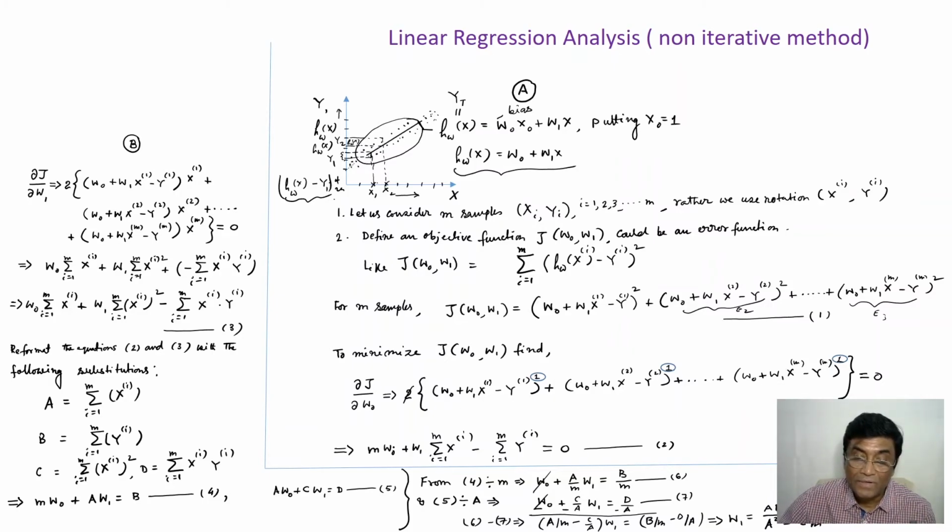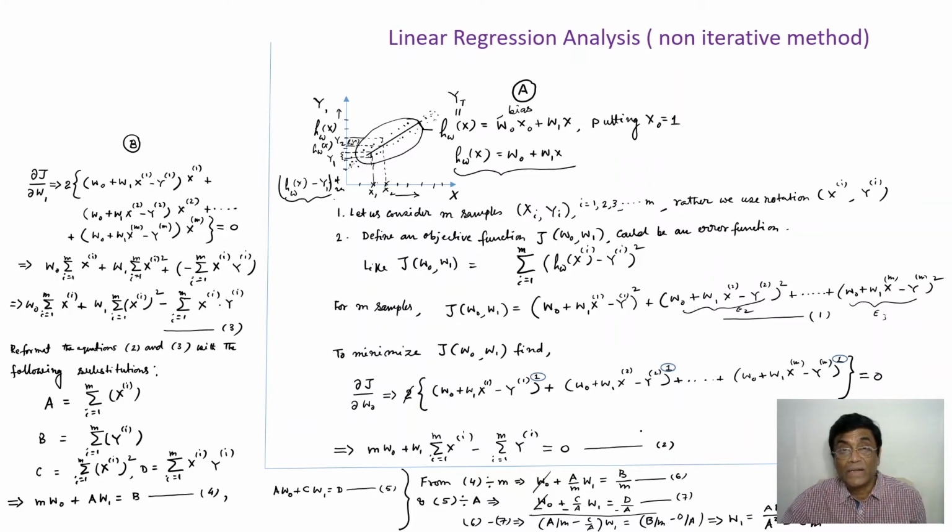So W1 can be taken out, which is a constant for this expression, and summation of xi, i equals 1 to m, minus, you see, no W here, summation of yi, i equals 1 to m, equals 0.